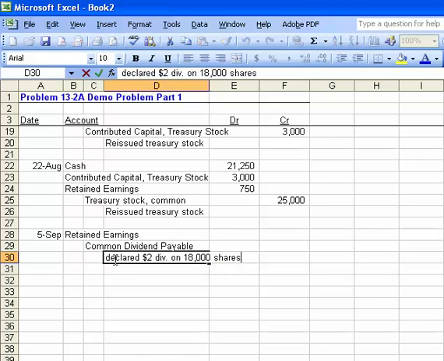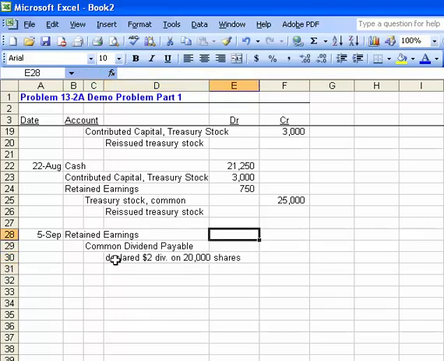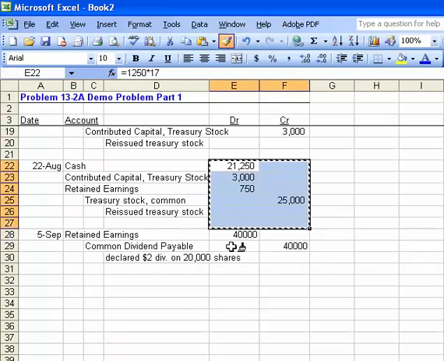And in this case, we're declaring dividends. What's the amount? $2 for dividends for anyone that held us on October 28th. So now we are declaring dividends on 20,000 shares outstanding. And that will equal $2 times 20,000. And I'll just do a little formatting here.